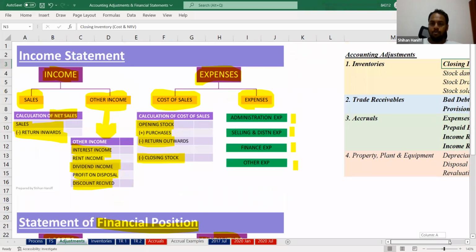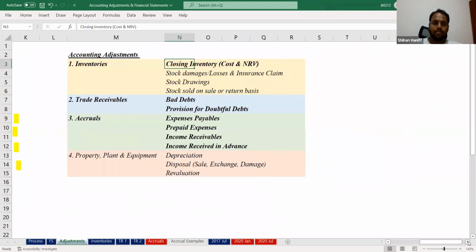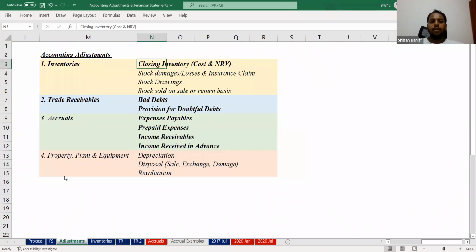Okay, now let's move on to the accounting adjustments. So these are the main adjustments that we are going to discuss today. Number one, inventory adjustment.